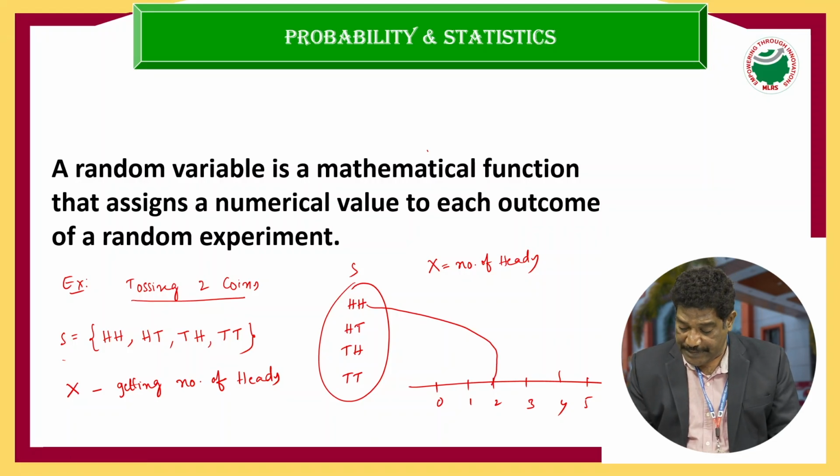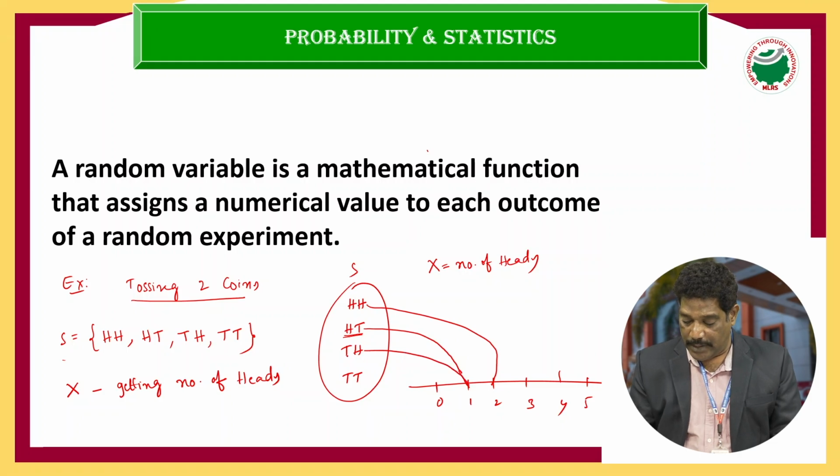HT maps to 1, because the number of heads in this case is only one. TH also maps to 1. And TT, here the number of heads is 0, so this point maps to 0.